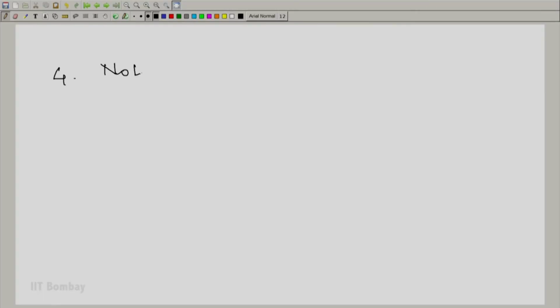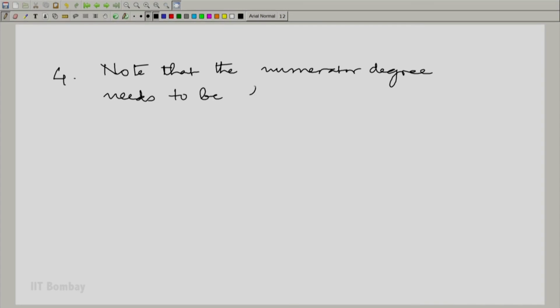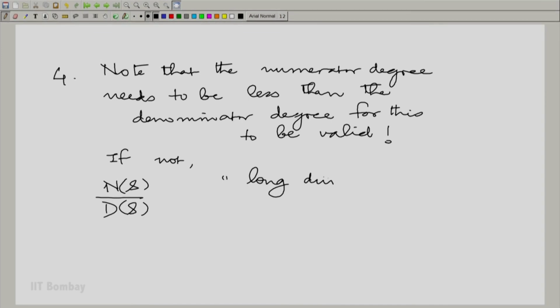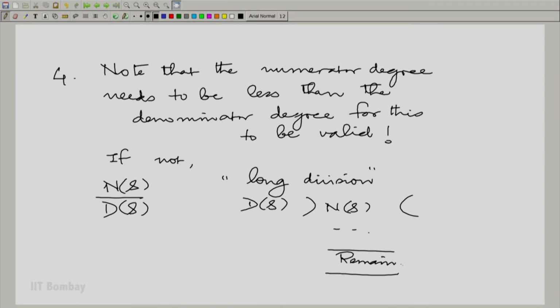Let me now come to that problem. Note that the numerator degree needs to be less than the denominator degree for this to be valid. If not, you have N of s by D of s, first do a long division. So, N of s long divided by D of s, carry out the long division and get a quotient and a remainder.